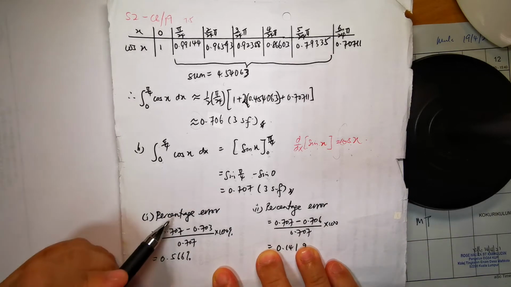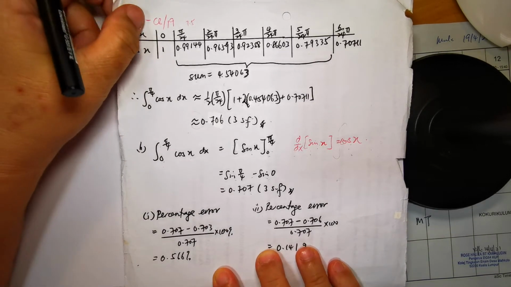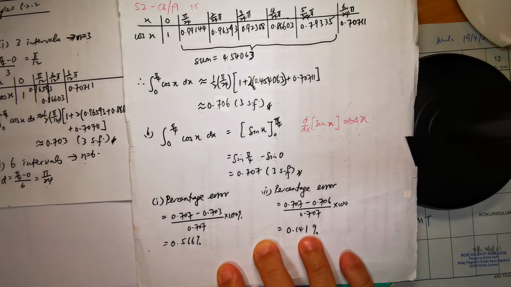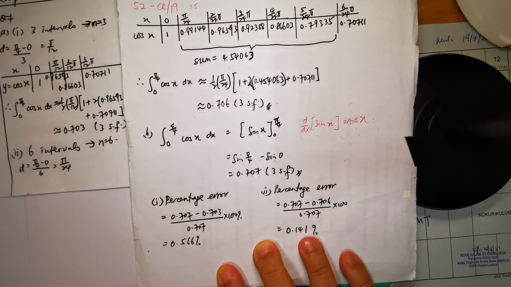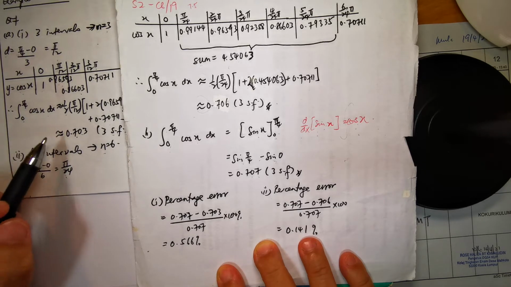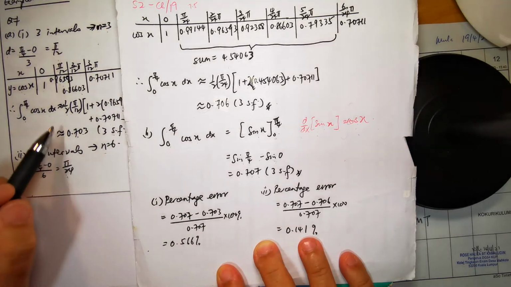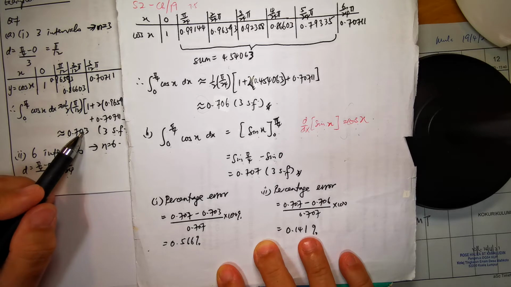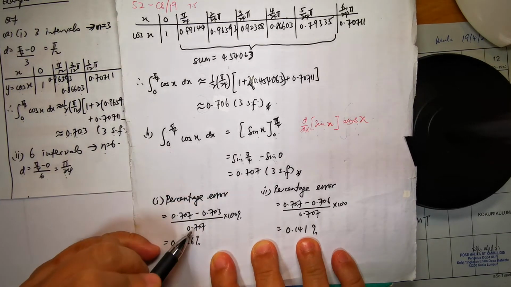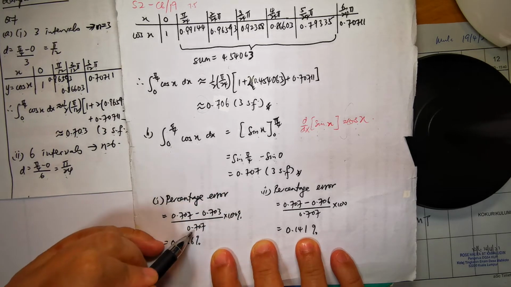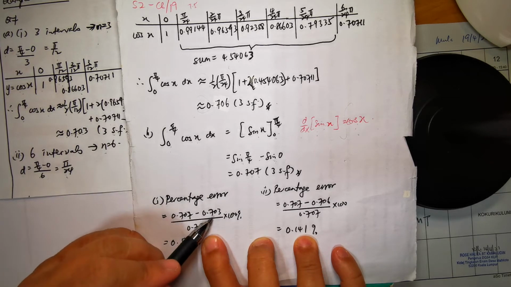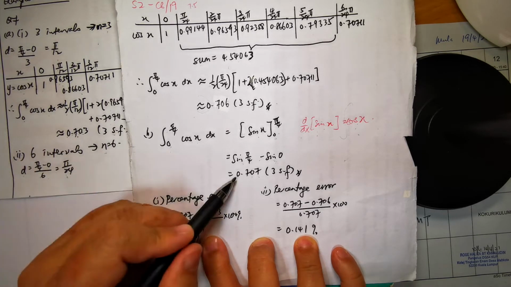Okay, now we calculate the percentage error. So you see here. The first one, when we divided it into 3 intervals, the answer that we get is 0.703. To calculate the percentage error, the actual one must be the denominator. The actual one is this one. Since the exact value is bigger, we use 0.707 minus 0.703.